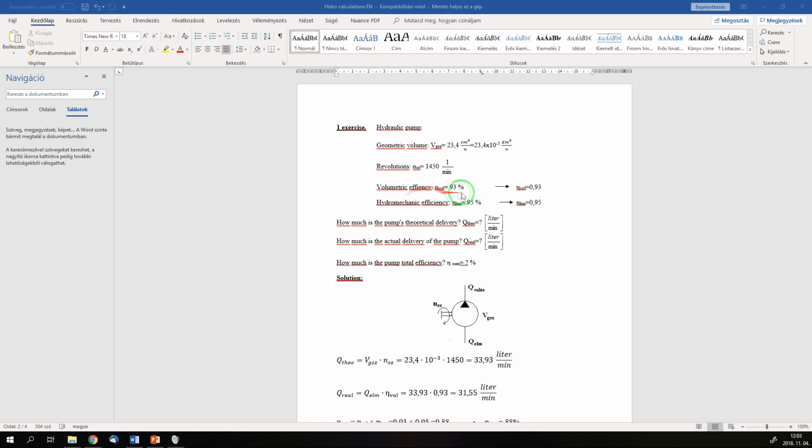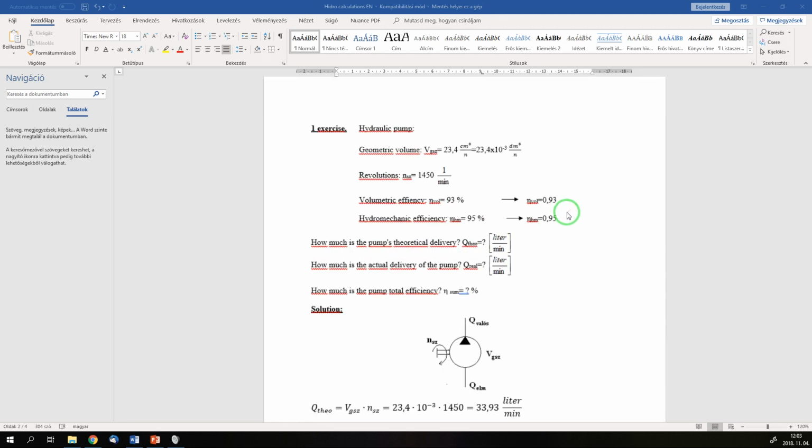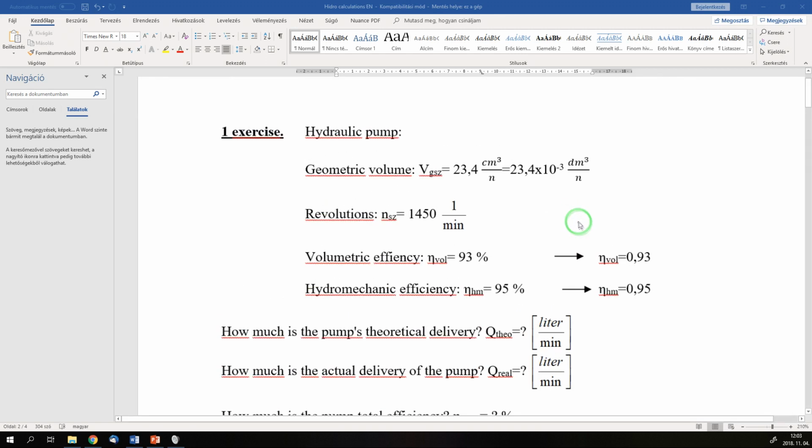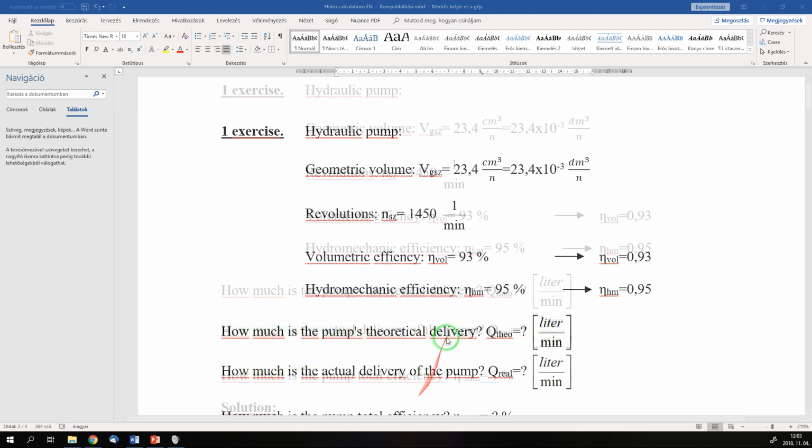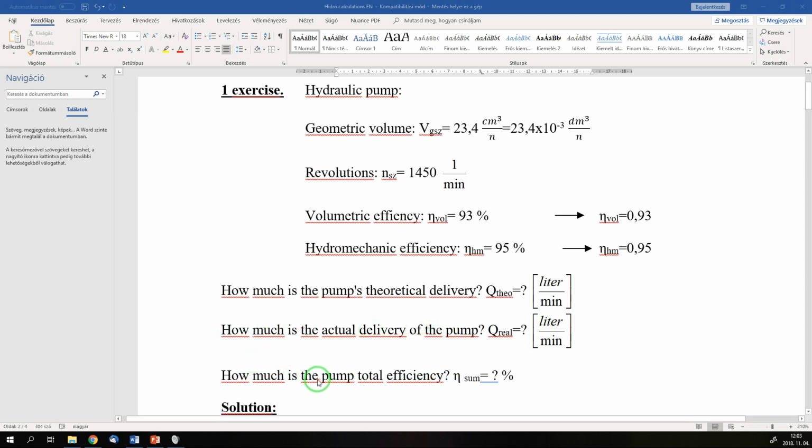I know the volumetric efficiency of the pump, I should maybe zoom in, it's 93%, and the hydromechanical efficiency is 95%. The questions are: how much is the pump's theoretical delivery, how much is the actual delivery of the pump, and how much is the total efficiency of the pump.